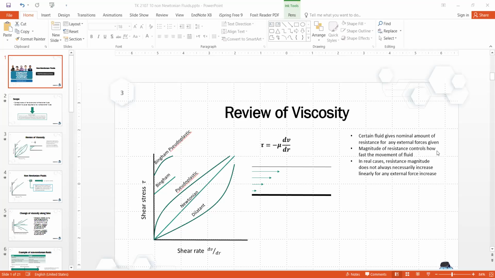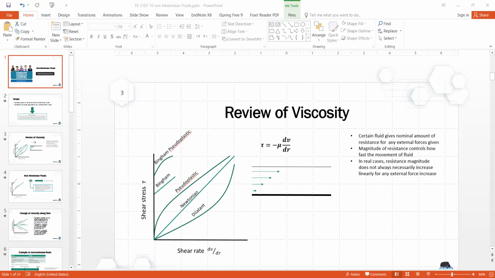Okay, let me clean up my scribble. So when you are moving the fluids, there will always be shear stress and always shear rate. Shear stress is usually given by you, then shear rate is the movement of the liquid. For the Newtonian, it's linear.